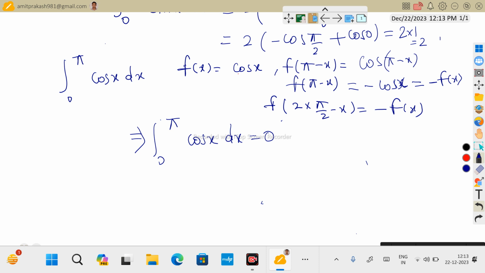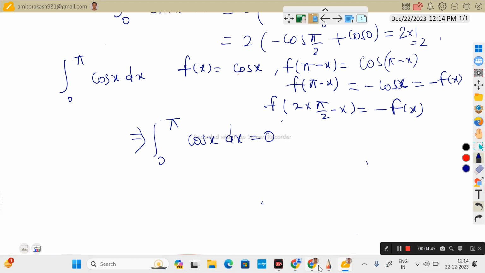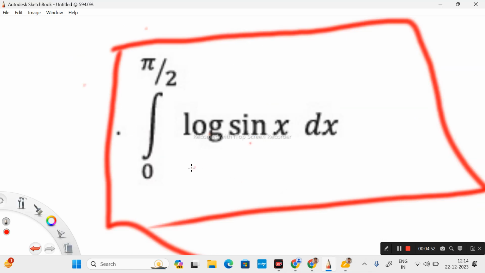Again, we are going to use this formula in solving the given problem, integral 0 to pi by 2 log sin x dx. This is an important problem, and we are going to use those two formulas in solving it. So look here.